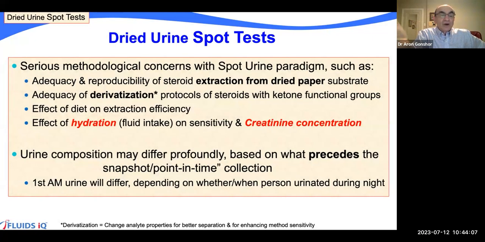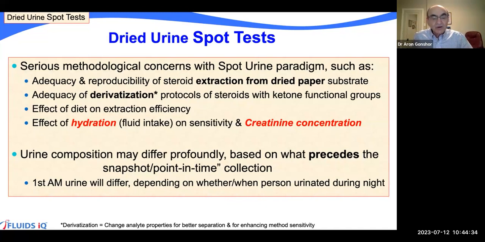What are they? Well, there is one, which is adequacy and reproducibility of steroid extraction from dried paper substrate. No matter what you're going to be told, there's an issue with some of the papers being used where you actually put the urine and let it dry. There's the adequacy of what's called derivatization. And I'm not a specialist in GCMS, but derivatization, when you speak to the specialists, they tear their hair out.